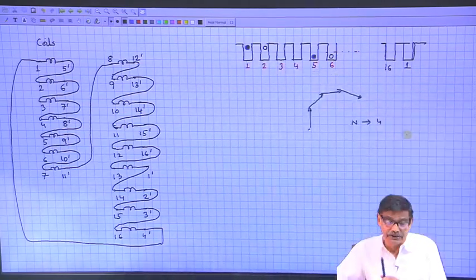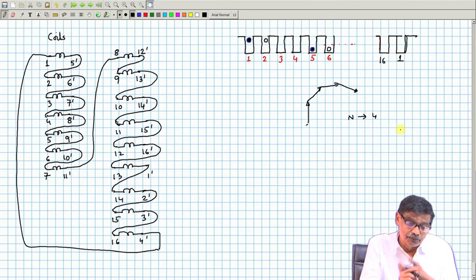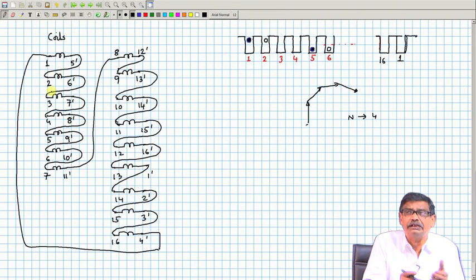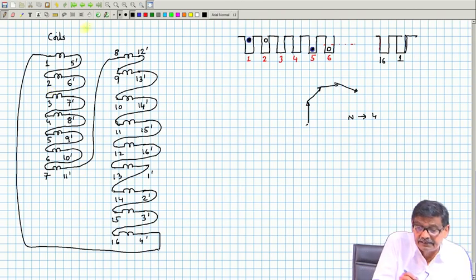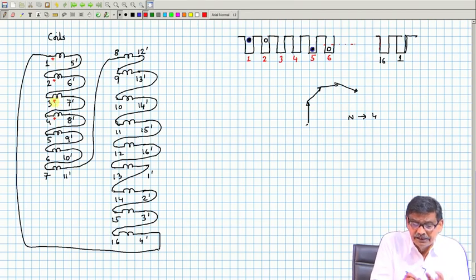Suppose these coil sides 1, 2, 3, 4 are under the influence of the north pole, and the direction of rotation is such that they become plus. These 4 coil sides become plus. Obviously, the others will be under the south pole and they will become minus. Instantaneous voltage I am telling.